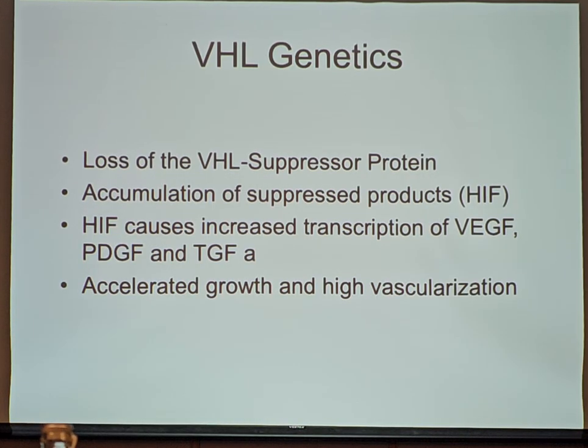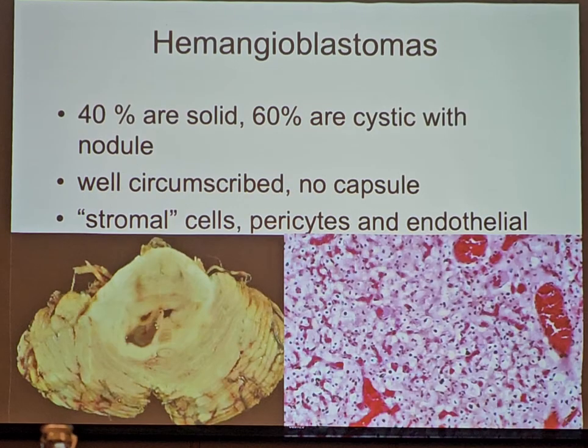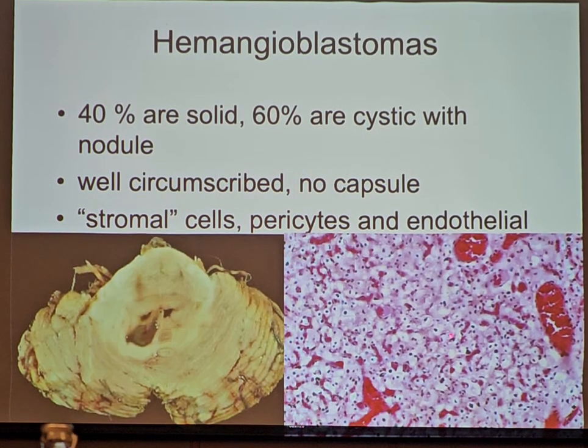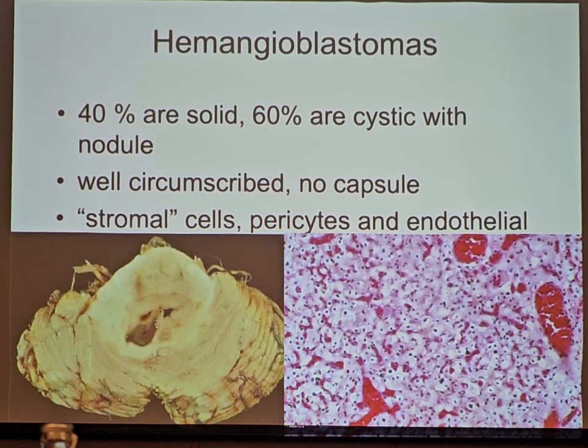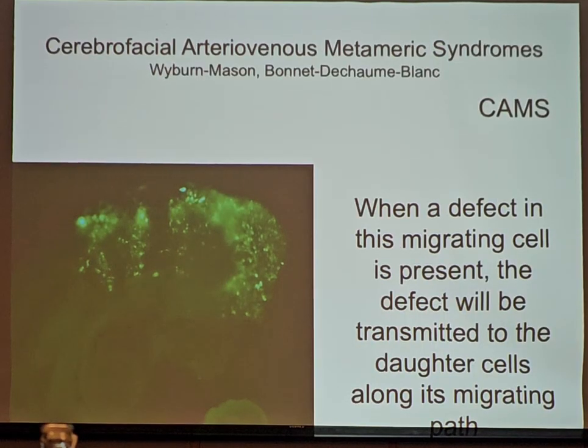Accelerated growth and high vascularization of immature cells that demonstrate, therefore, significant enhancement. And guess what? This is a classical hemangioblastoma. And here you can see these immature cells that no longer have the normal stroma surrounding them. They have no capsule, and they are just leaky blood vessels within the brain.